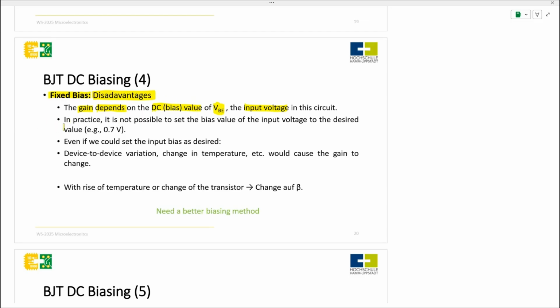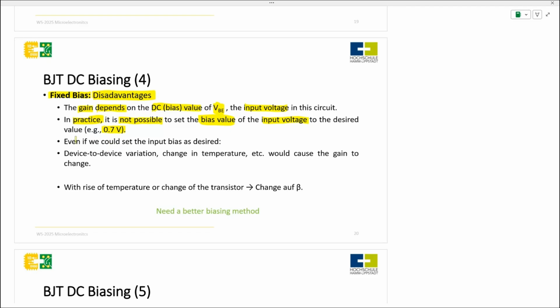In practice, it is not possible to set the bias value of the input voltage to the desired value. In theory it is possible, but in practice it is not modifiable as we thought.